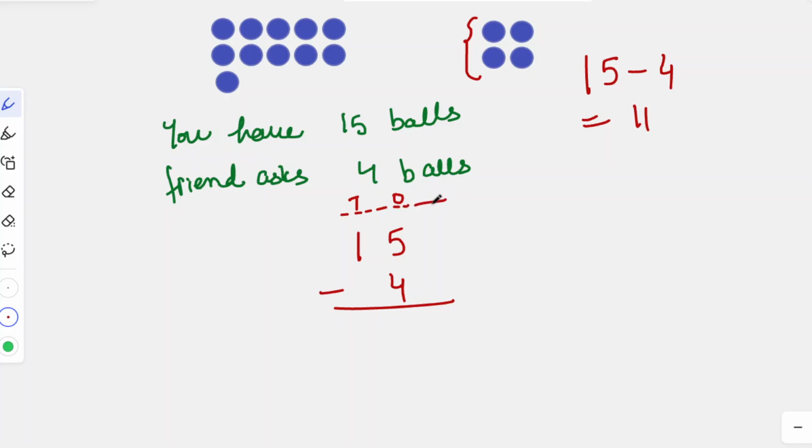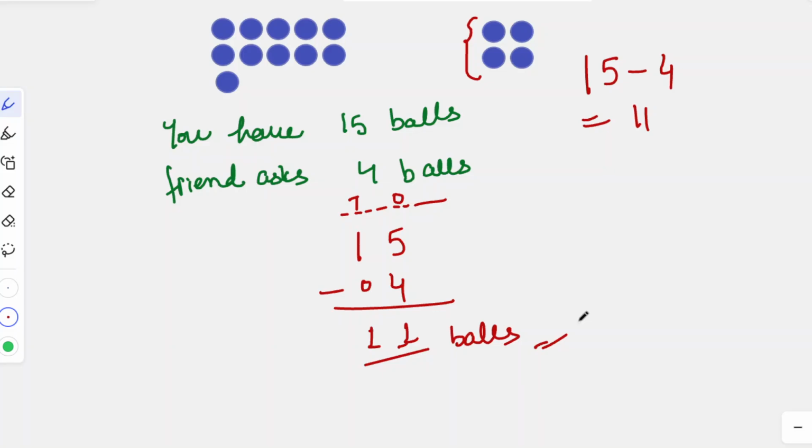We always start subtracting from the rightmost digit. We move from right to left. So now 5 minus 4, we get 1, and this 1 will be written as it is because there is nothing to subtract. Okay, so you are left with 11 balls or 11 marbles, we can say. It seems simple, right? It is actually simple.